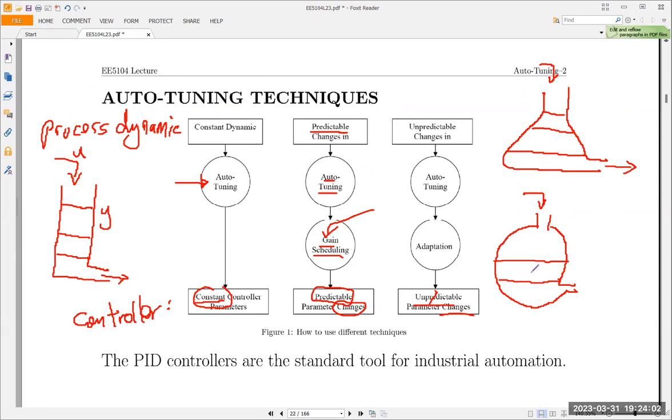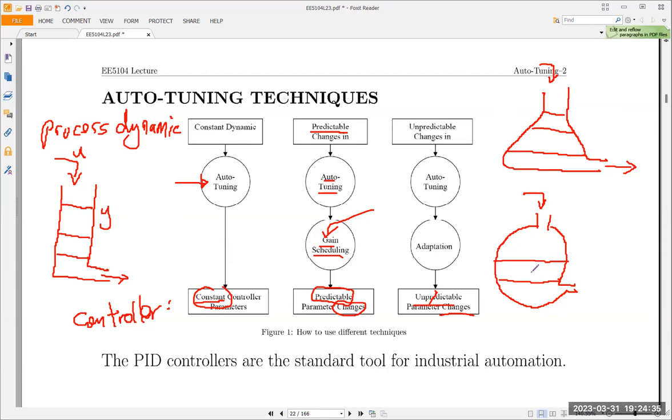But the point is, because the plant is forever like that or like that, at different levels, you can calculate the transfer function. So it becomes predictable. If you are controlling the level, at this level, you will have a certain plant which you can calculate. Then from there you back calculate the controller.